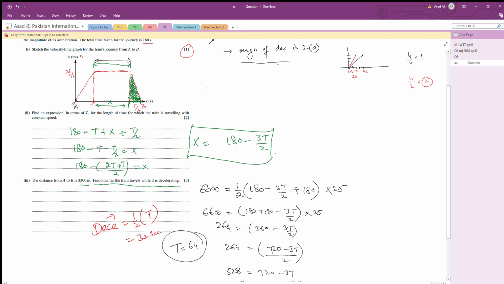Now they say find how far the train travels while it is decelerating. How far means how much distance it covered. So distance is 1 over 2, 32 into 25, 16 into 25. On the calculator, 25 into 16, yeah, it's 400 meters.